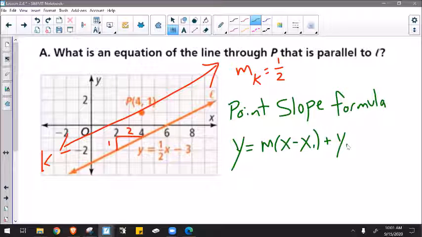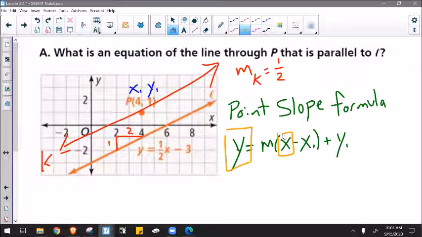Keep in mind point P is our x1, y1. This y and this x are locked, so they stay x and y. The only numbers that change are the m, the x1, and the y1.